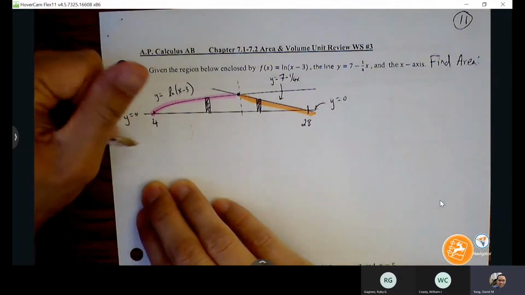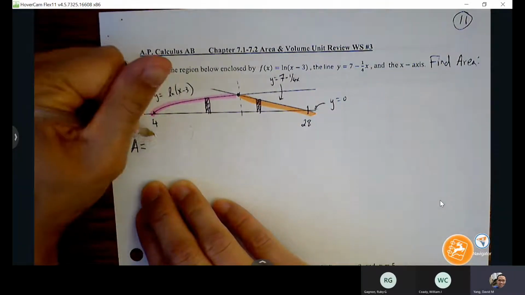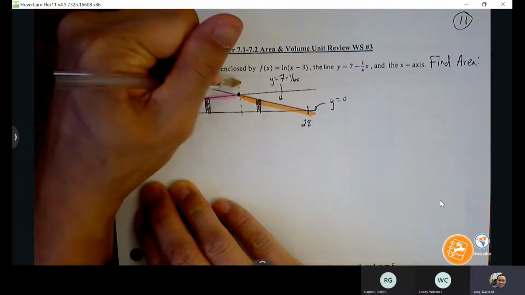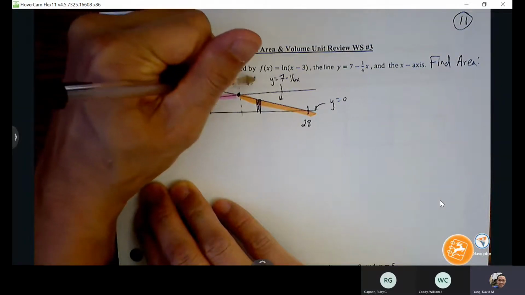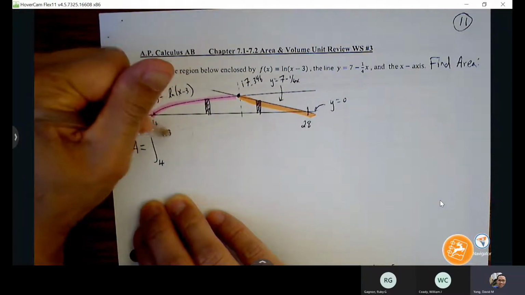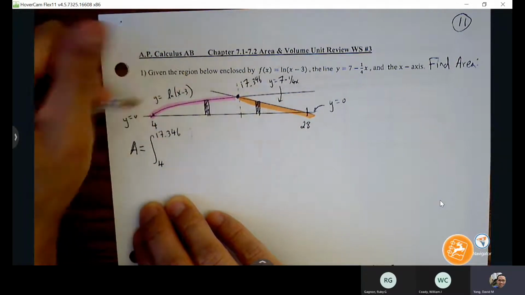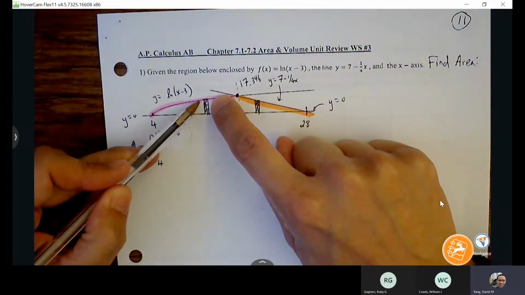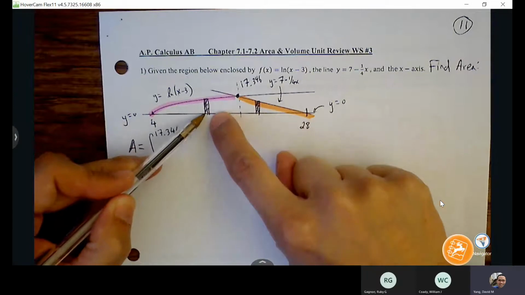Okay, so here's our area formula. Definite integral from 4 to, this is the intersection, 17.346, top minus bottom. The top of my rectangle is hitting the natural log, the bottom is hitting the 0.